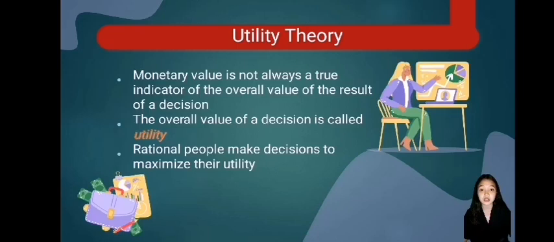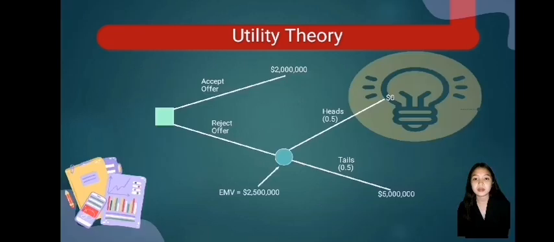The overall value of a decision is called utility, and rational people make decisions to maximize their utility. Although at times the monetary value is a good indicator of utility, there are other times when it is not. This is particularly true when some of the values involve an extremely large payoff or an extremely large loss. Take a look at the figure.